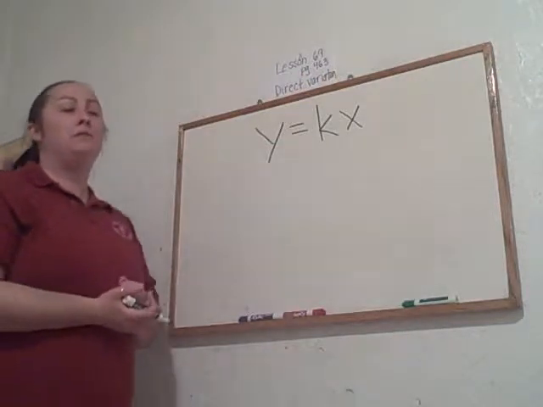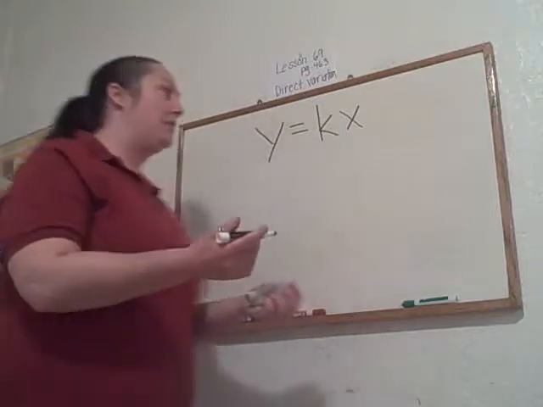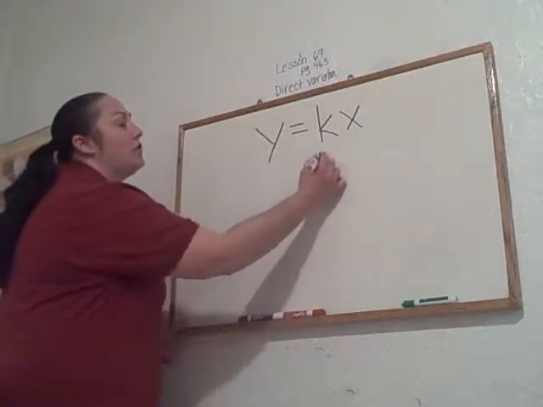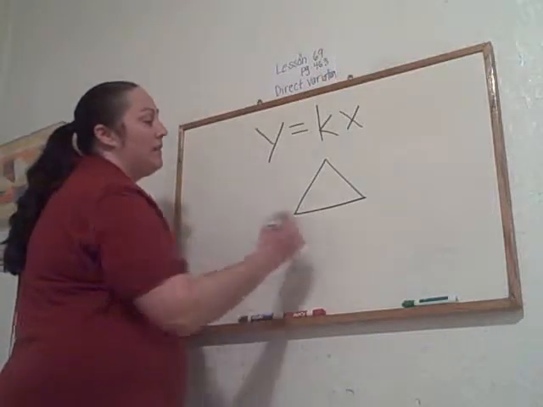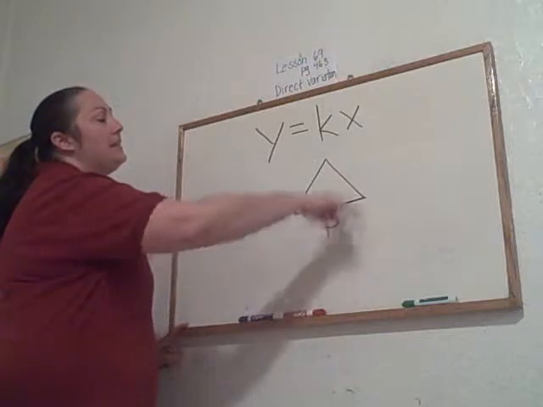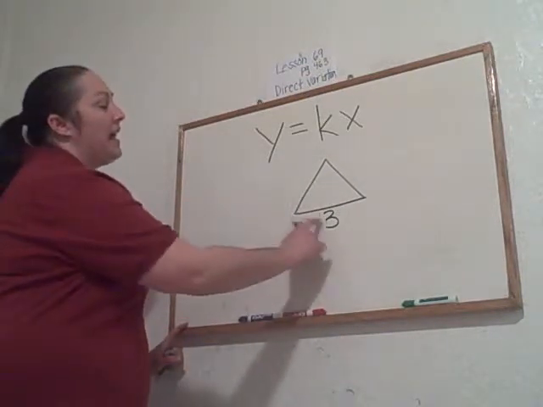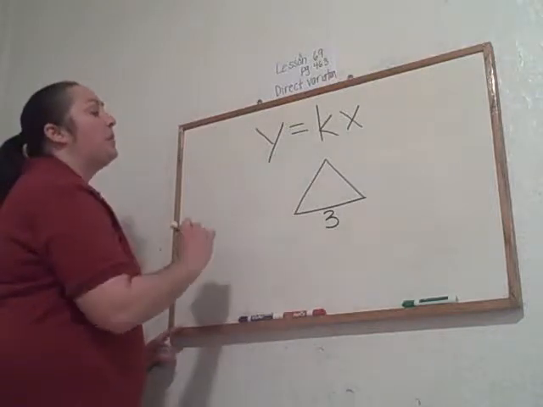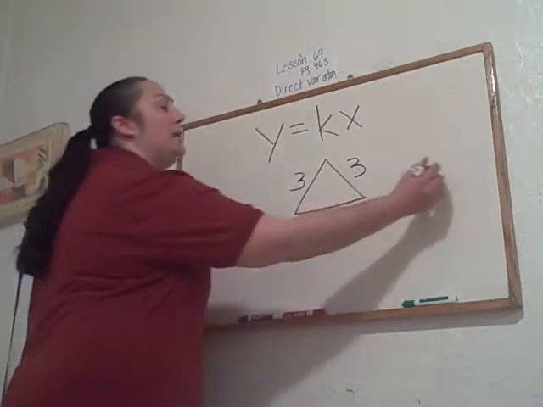Another example is the perimeter of a triangle. If I have an equilateral triangle that has a side length of 3, the perimeter depends on what the side length is. So if the side length is 3, then the perimeter of an equilateral triangle would be 9.